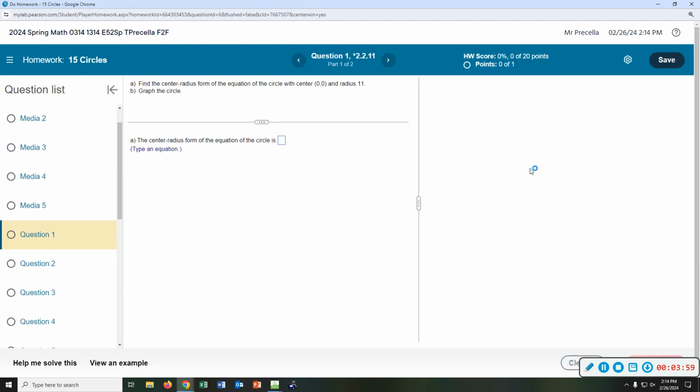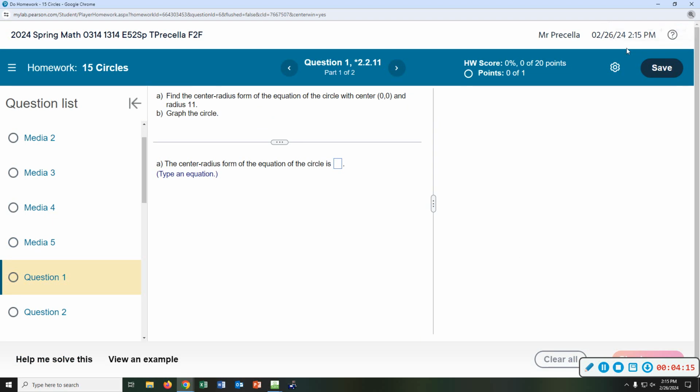Let me see something else. I think that looks better. Okay, find the center radius form of the equation of a circle with center at (0, 0) and radius 11.